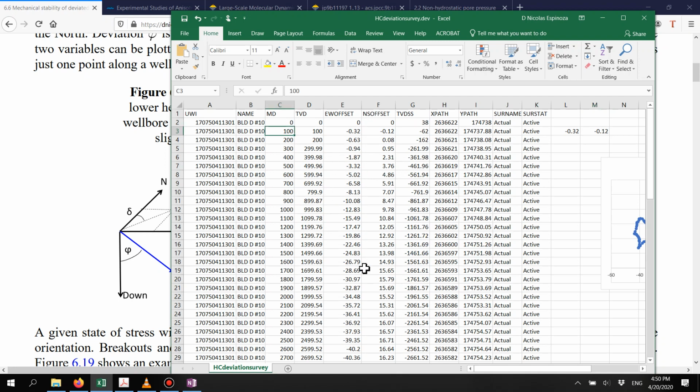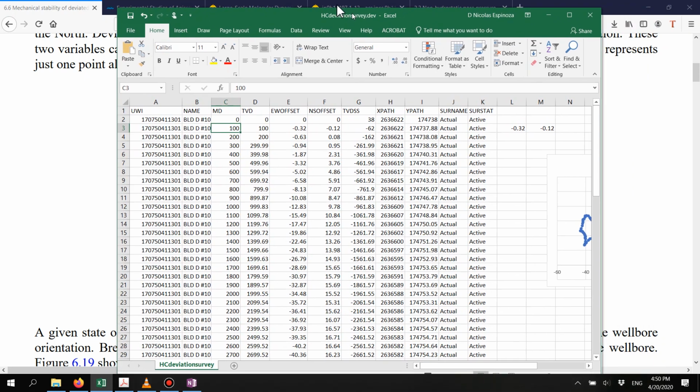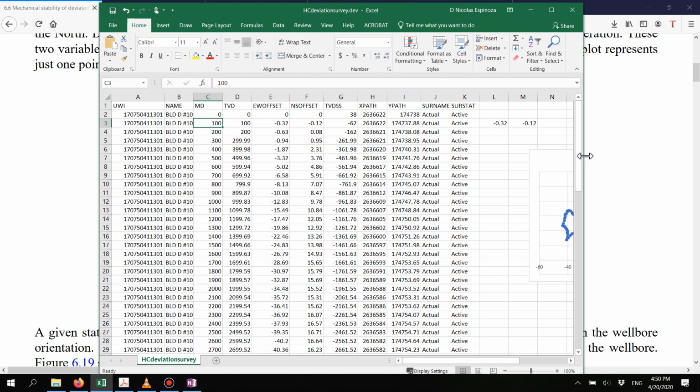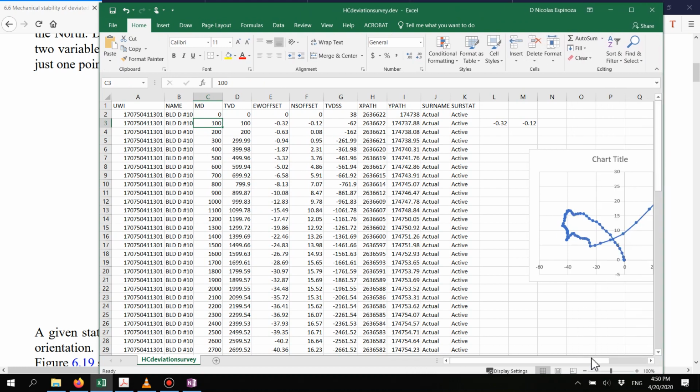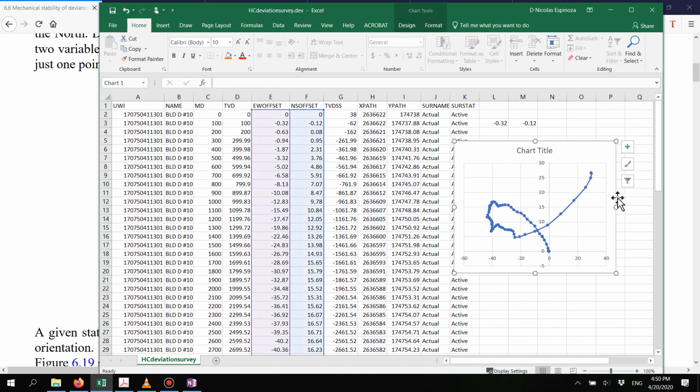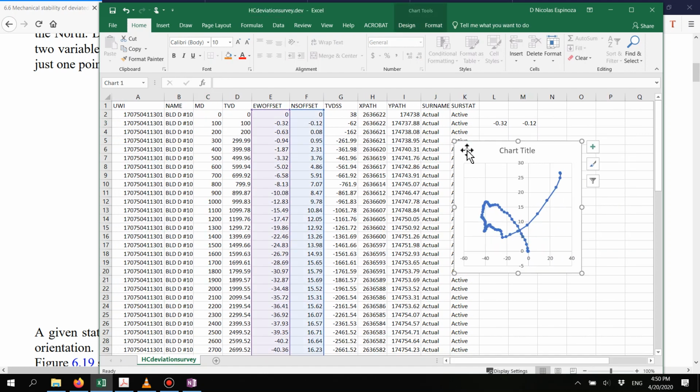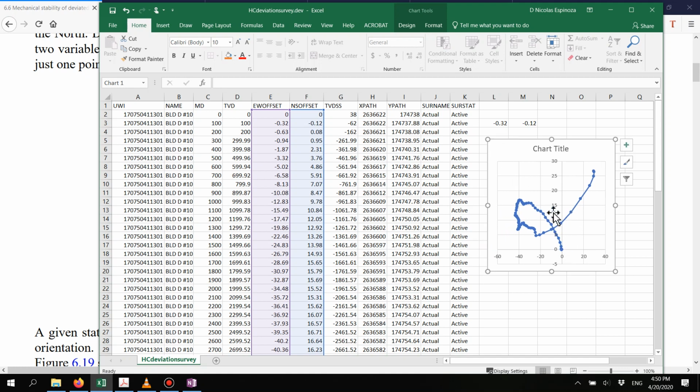This is what makes a deviation survey file and helps us see what is the orientation in 3 dimensions of a wellbore as measured depth increases. Here I have added one example. I made a plot of what is here the east-west and north-south offset of this particular wellbore.